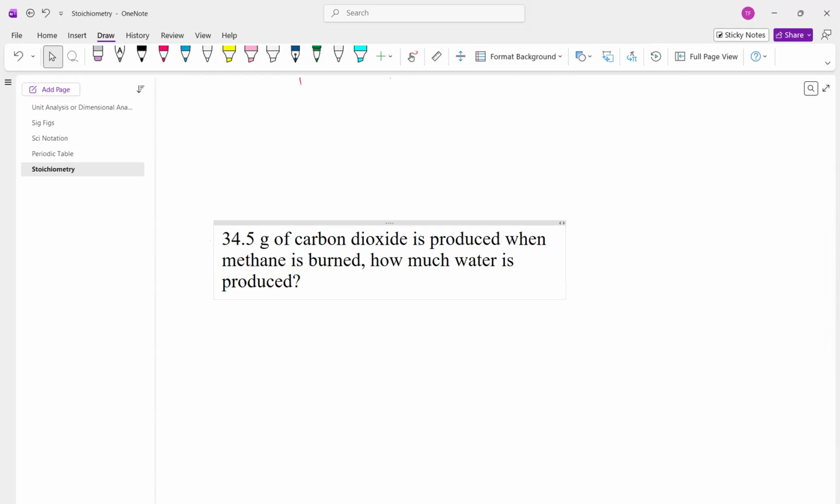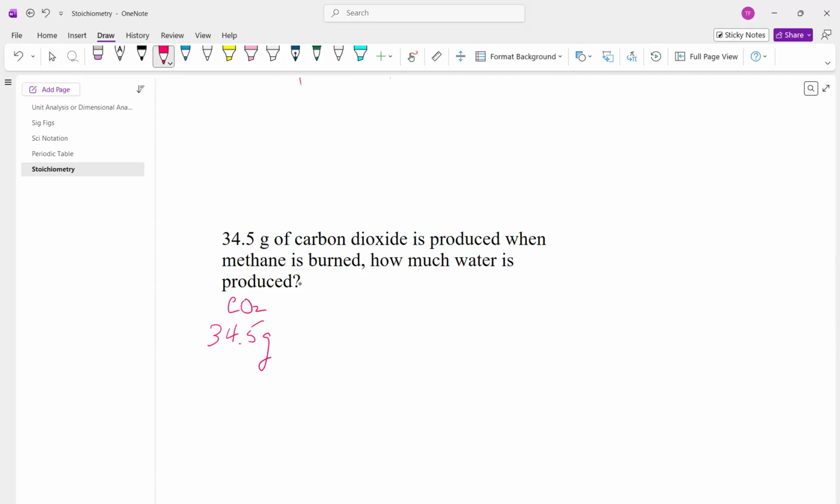Okay. Same reaction. Same balance. 34 grams of carbon dioxide are produced when methane is burned. How much water is produced? So, what's given? Carbon dioxide.